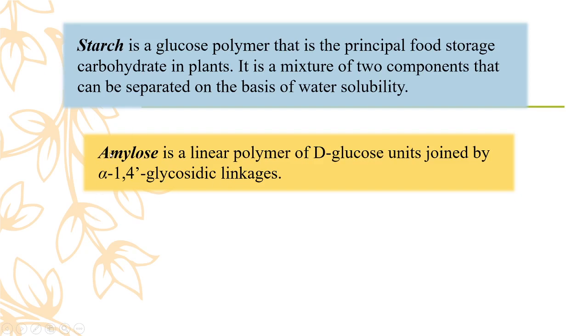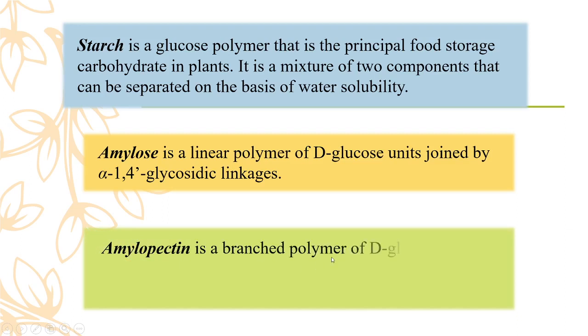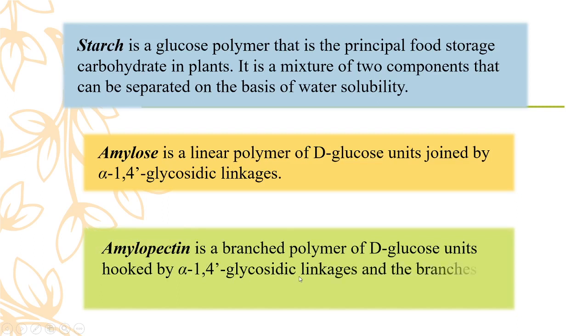The amylopectin is a branched polymer of D-glucose units hooked by alpha-1,4 glycosidic linkage, and the branches are created by 1,6 glycosidic linkage. So starch, amylose and amylopectin are polysaccharides.